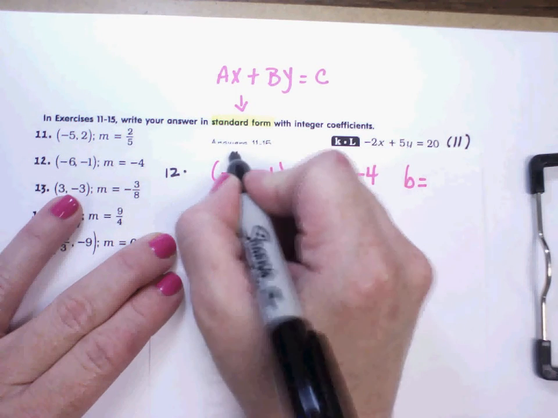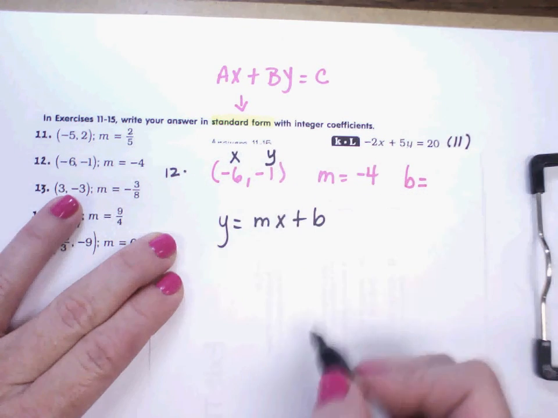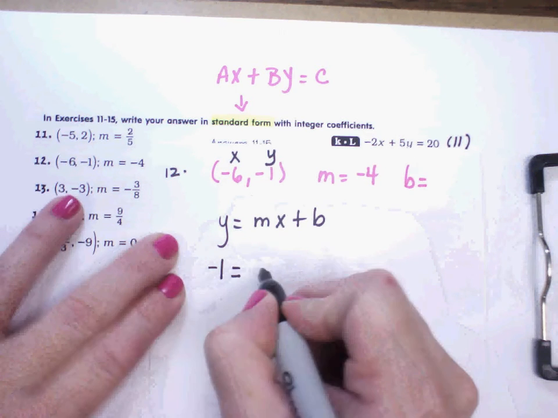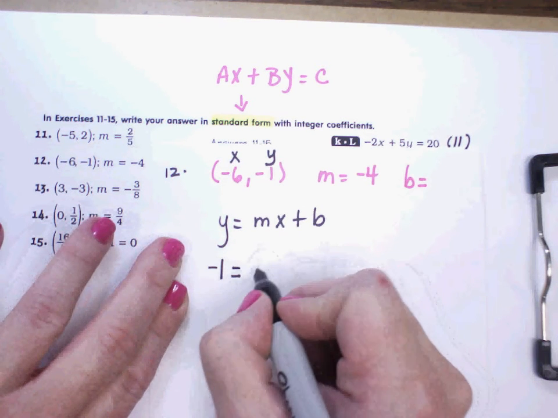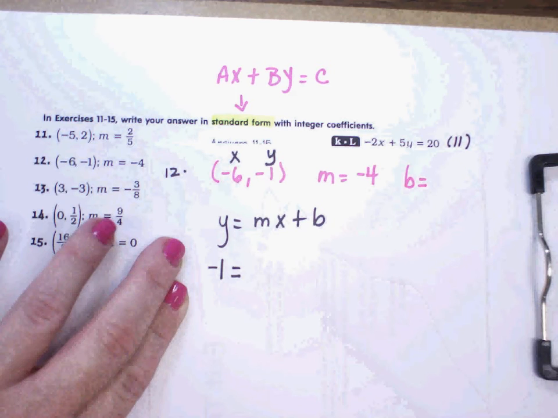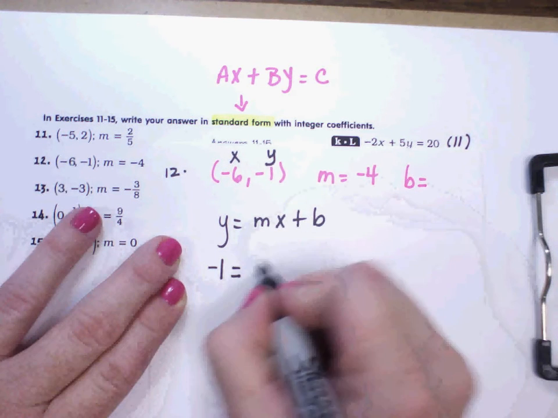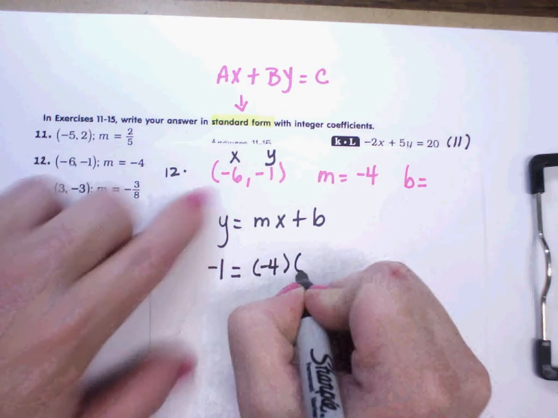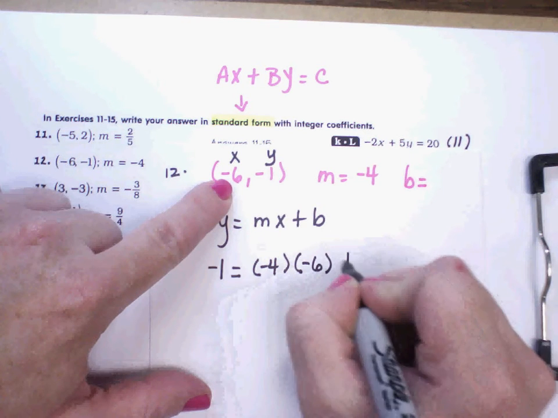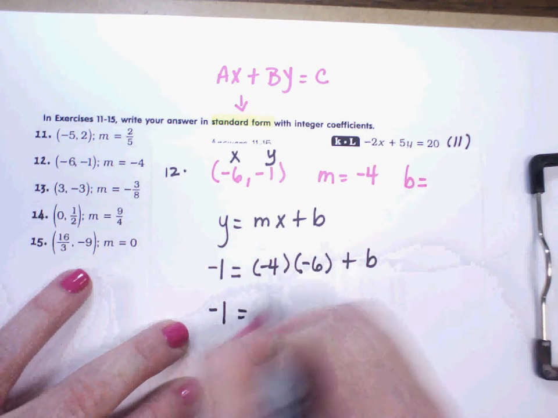All right, so this is my x and that's my y. So my y would be -1. My slope is -4, and I'm going to multiply that by my x, which is -6, plus b.